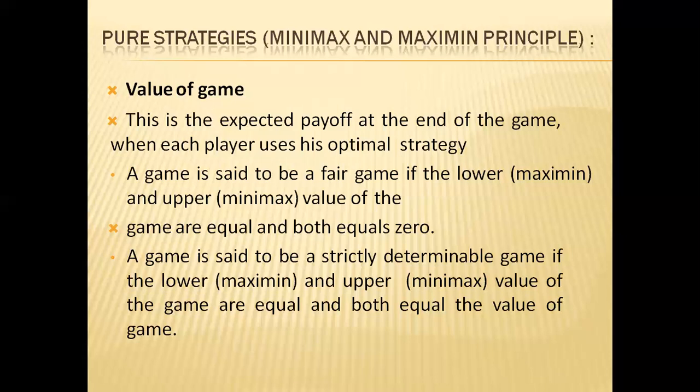But at that particular time there will be an equal strategy, and a game is said to be a fair game if the lower, that is the maximin, and upper, that is the minimax, values of the game are equal and both equal to 0.